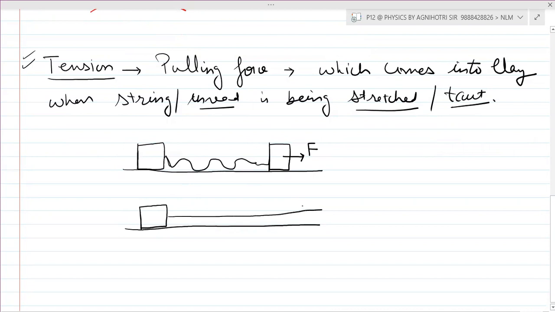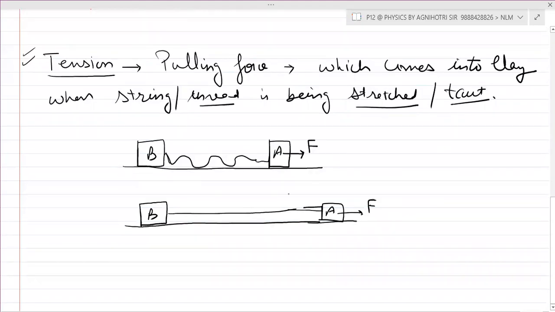So let it be when this block has moved up to there only. So now the concept has been there. These are the two blocks, A and B. It's being pulled. So now this string is there, which is taut now, which is stretched, or you could say taut.